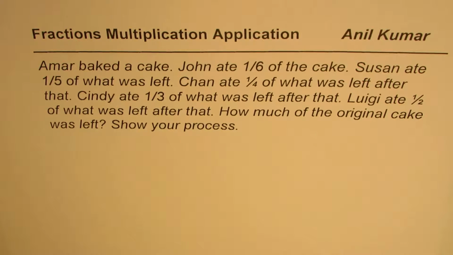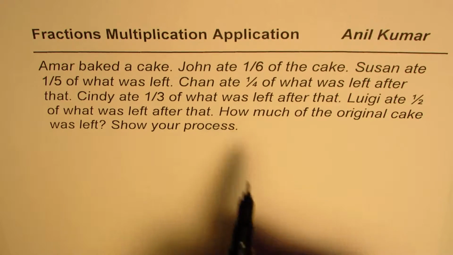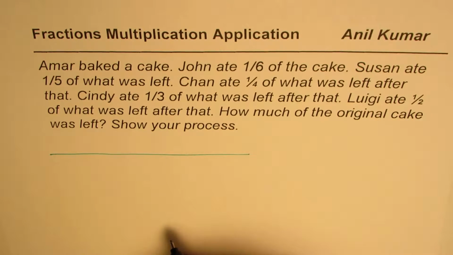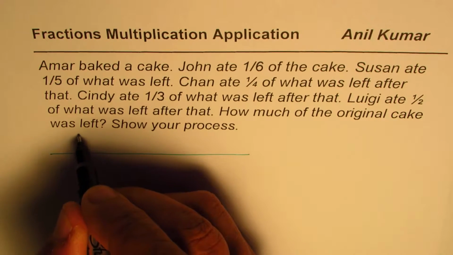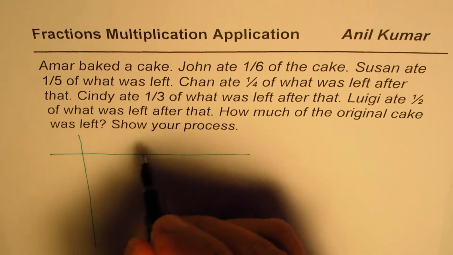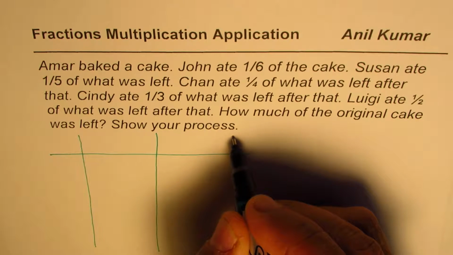Here is a copy of the same. So let us try to see how to solve such a question. Our approach here is to put all this information in the form of a table. So let's make a table here. In this table, we'll put columns with names of the persons, how much they ate, and how much was left.